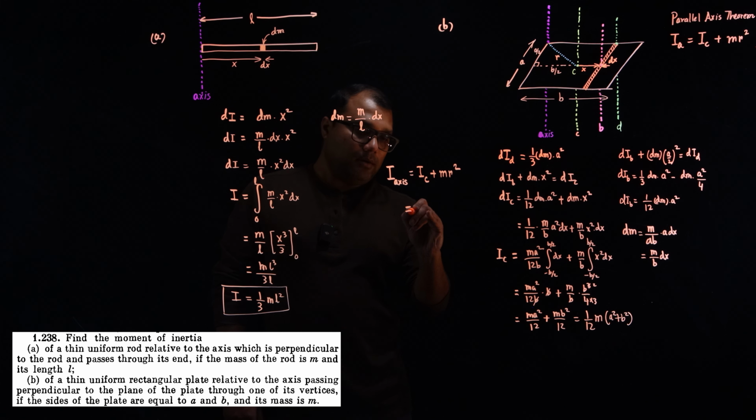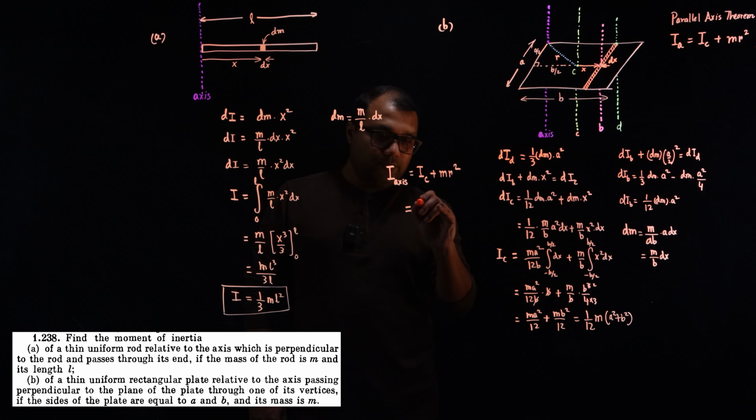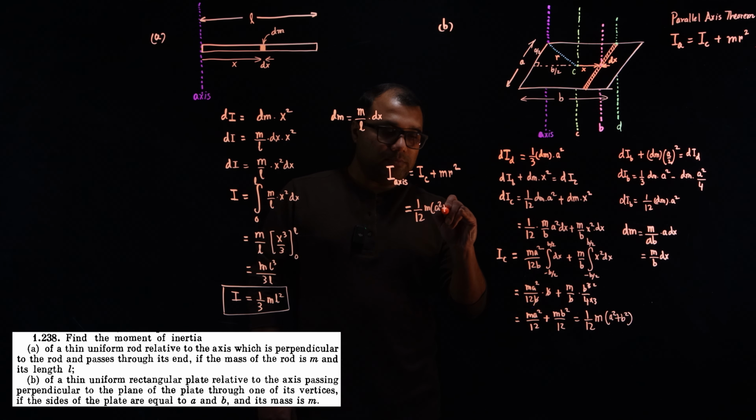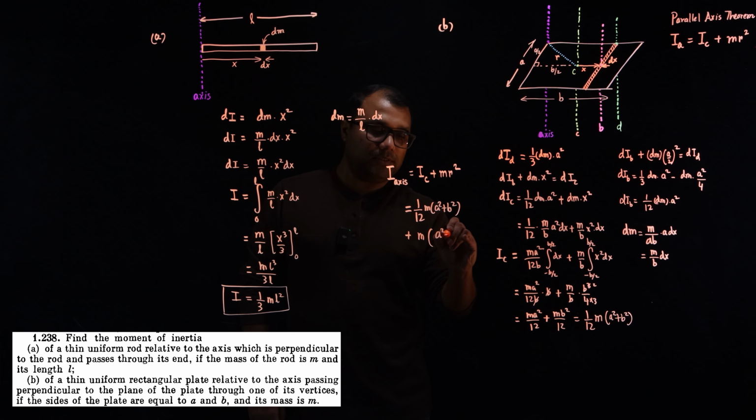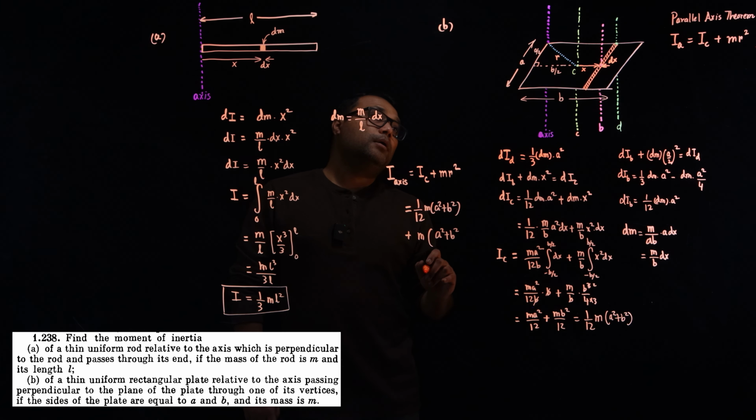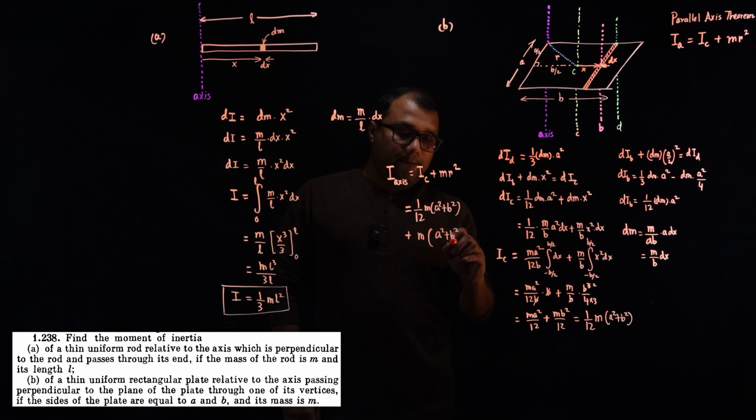Okay. I_C we have 1/12 m (a square plus b square), and m r square we will have m times r square, which is (a square plus b square) divided by 4.